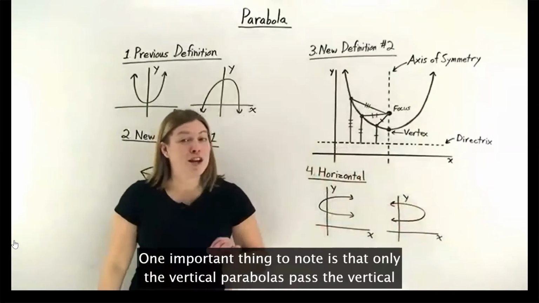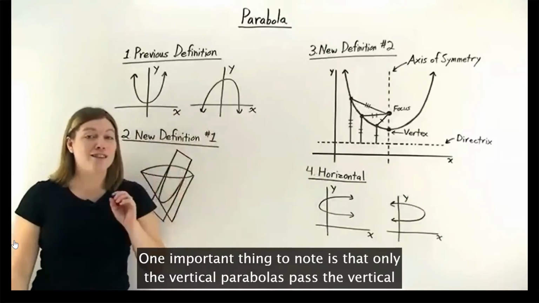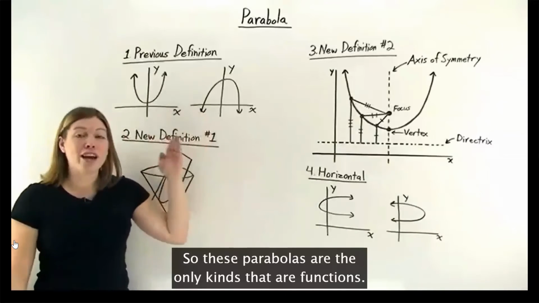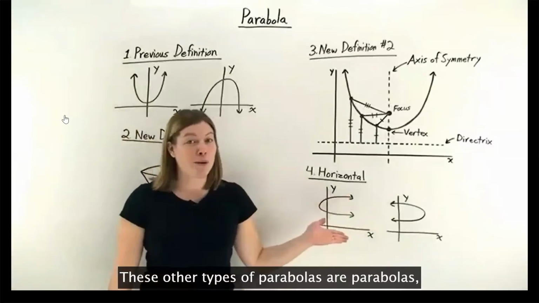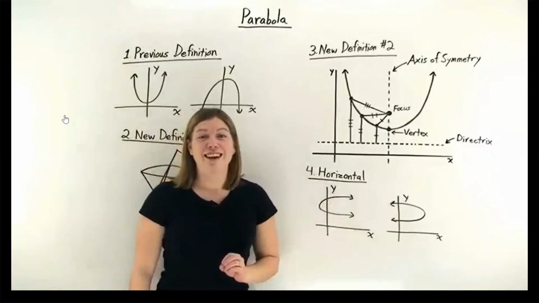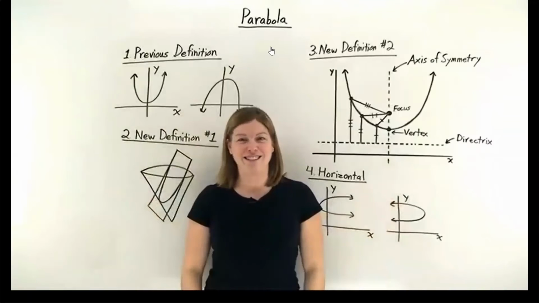One important thing to note is that only the vertical parabolas pass the vertical line test. So these parabolas are the only kinds that are functions. These other types of parabolas are parabolas, but they fail the vertical line test, so they are not functions. So now we know a whole lot more about parabolas.